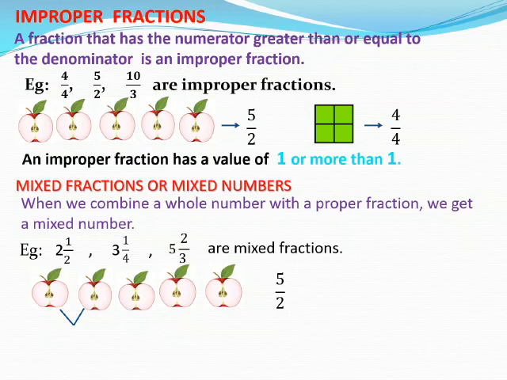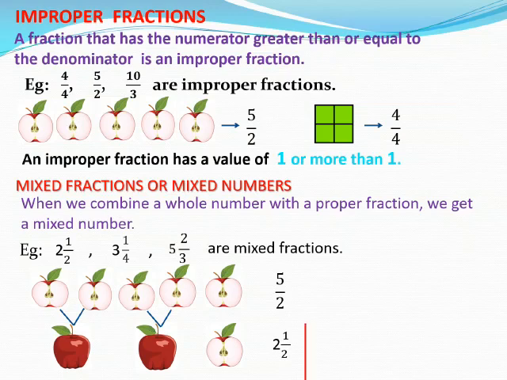When we join these 2 halves, what will we get? 1 full apple, right? Again, join these 2 halves, then we get 1 more apple. Now, a half part is left. So, we can write it as 2 whole and a half piece, so 2 1 by 2.